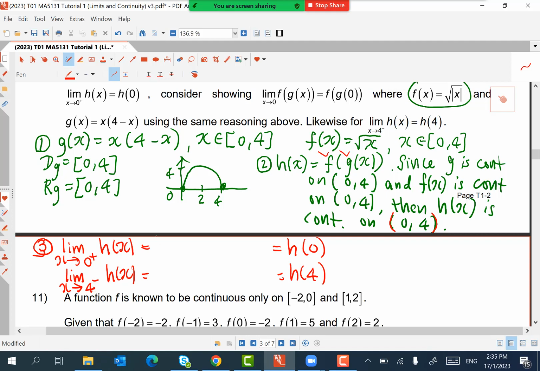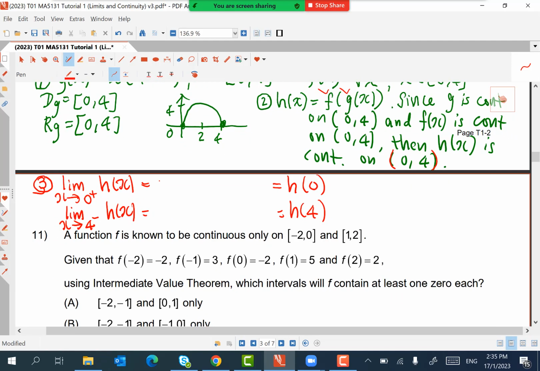So this becomes the limit as x goes towards 0 plus of f(g(x)). And then because the function f is continuous, this becomes f of the limit as x goes towards 0 plus of g(x).